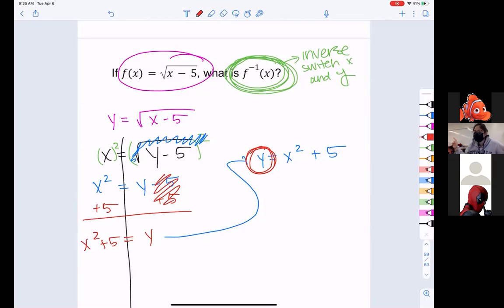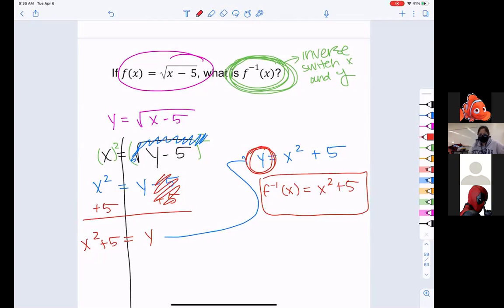The f of x, but what is important about the f of x I want to put here? Am I just going to put f of x like this? There's one thing missing from that f of x. Look, the negative 1. When we're writing the final answer, we want to put f negative 1x equals x squared plus 5, because this right here means the inverse. So we found the inverse, and this is my answer.